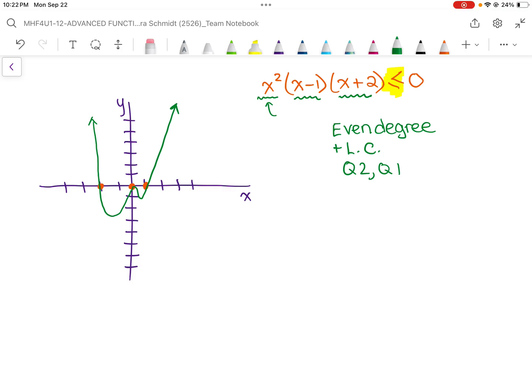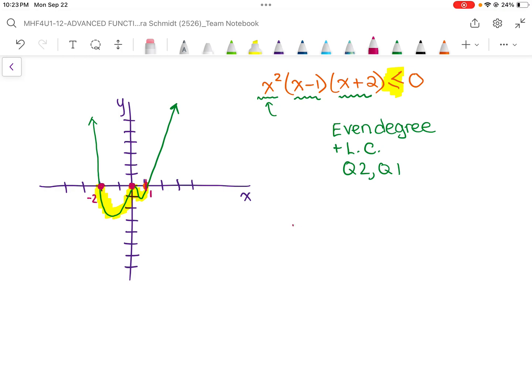So if I wanted to state when is my graph less than or equal to 0, in all of these parts down here, and actually basically from the root that is -2 all the way to +1, it's going to be less than or equal to 0, because even here at 0 it's equal to 0, so that is fine.